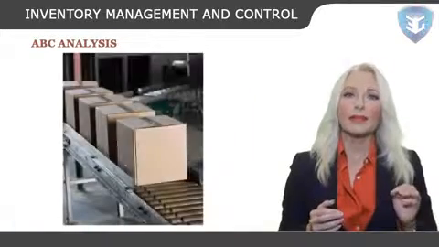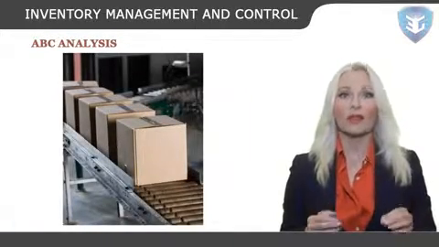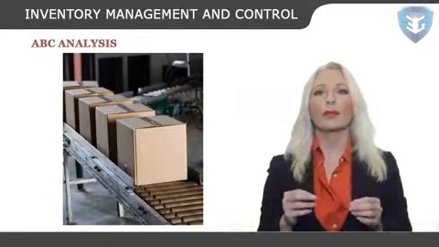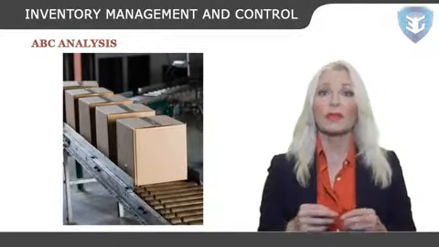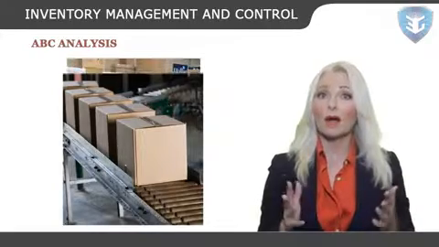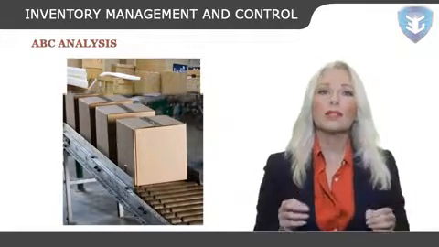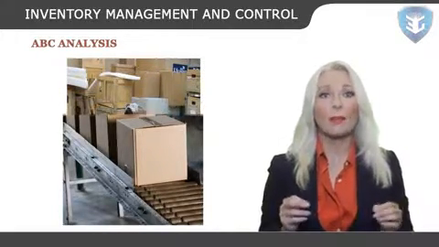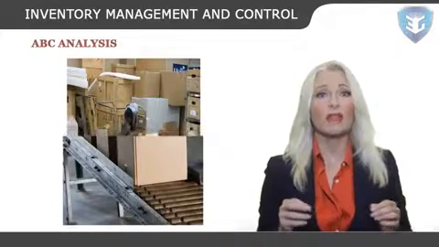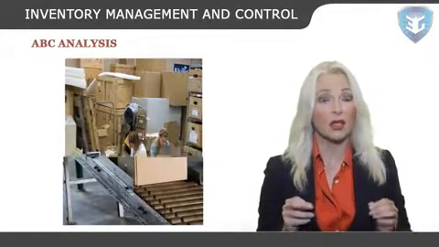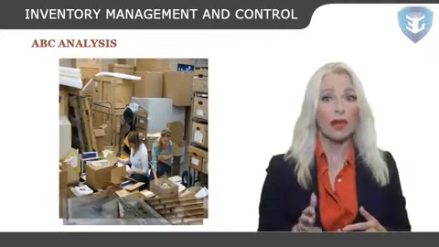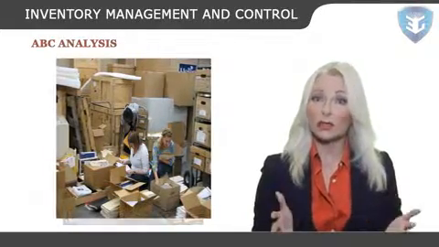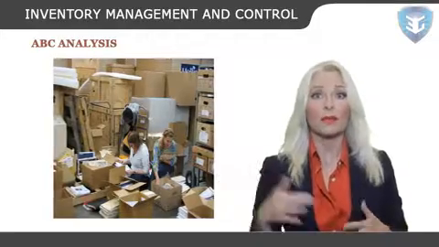The ABC inventory control method determines the importance of inventory items based on usage, sales, or cost criteria. This inventory control method provides companies the ability to give individual stock keeping units, SKUs, different levels of inventory control based on the SKUs' relative importance.